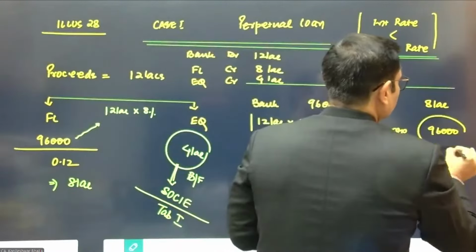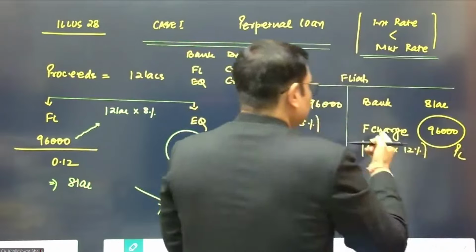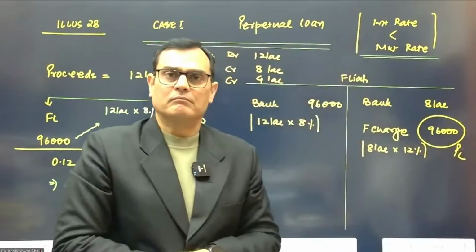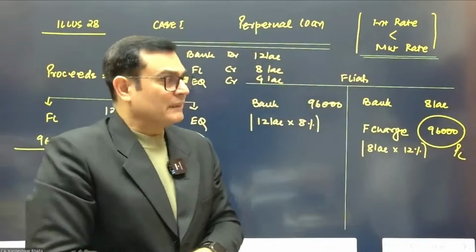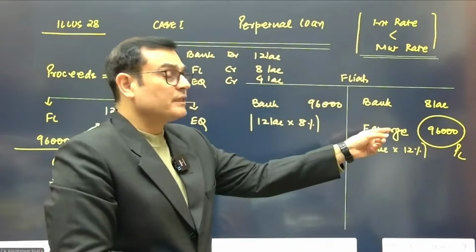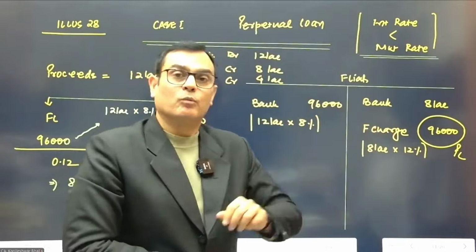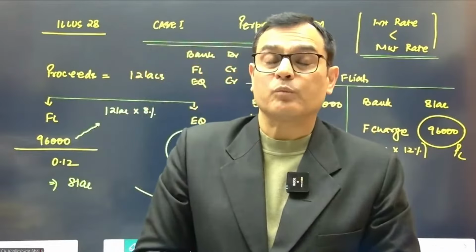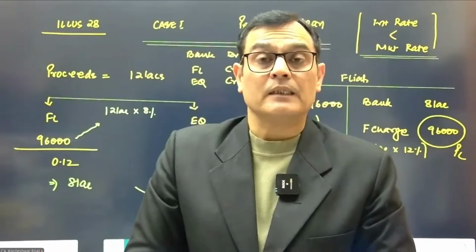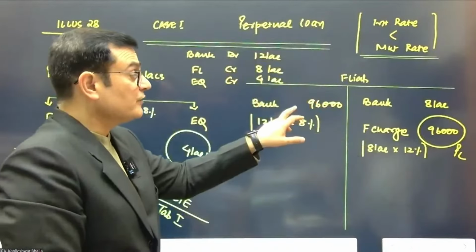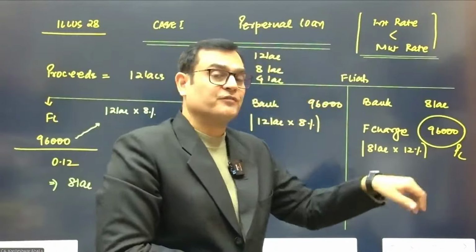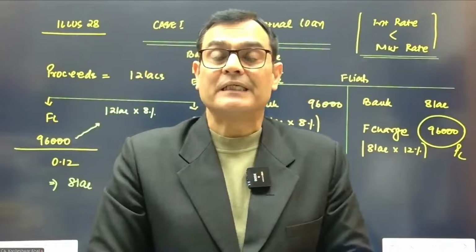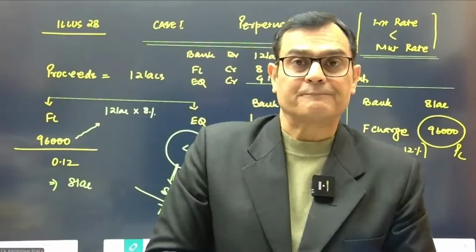This will enter the P&L, not this. They are the same here, maybe. But ideally, what goes in the profit and loss of the company is what you are supposed to pay on the financial liability, not what you're paying on the proceeds. The P&L will not take care of what you're paying. The P&L will take care of what you are supposed to pay on the financial liability element.